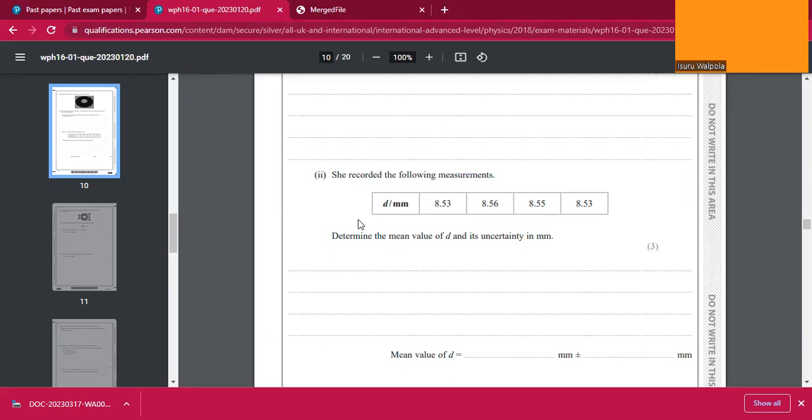But for now, the mean value is just add them together, divide by 4. Uncertainty would be maximum 8.56 minus minimum 8.53, divide by 2. That is the uncertainty. If they ask for percentage uncertainty, you do maximum minus minimum divide by 2 over the measured value, that means mean value, into 100.